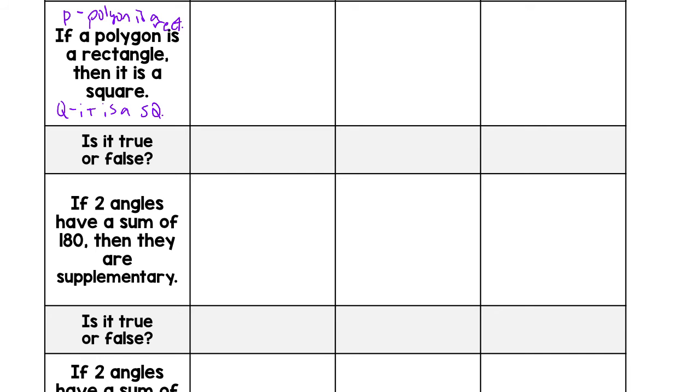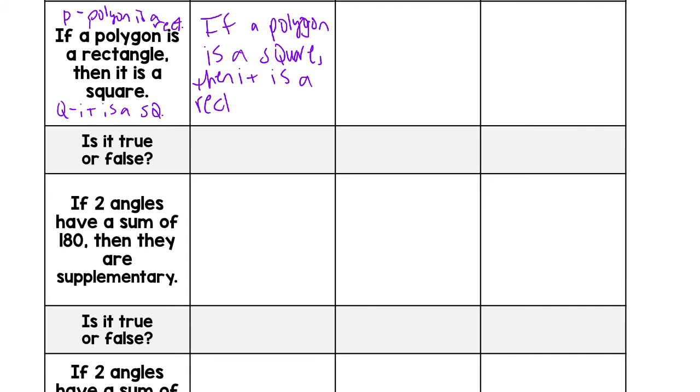The converse would be if a polygon is a square, then it is a rectangle. That's true. All squares are rectangles, but not all rectangles are squares. And when we say it in the converse, then it is true.